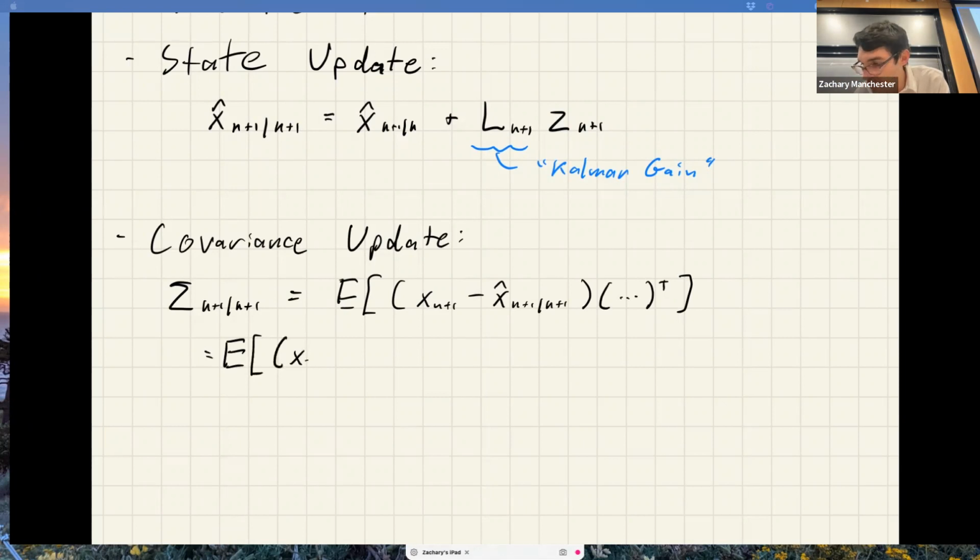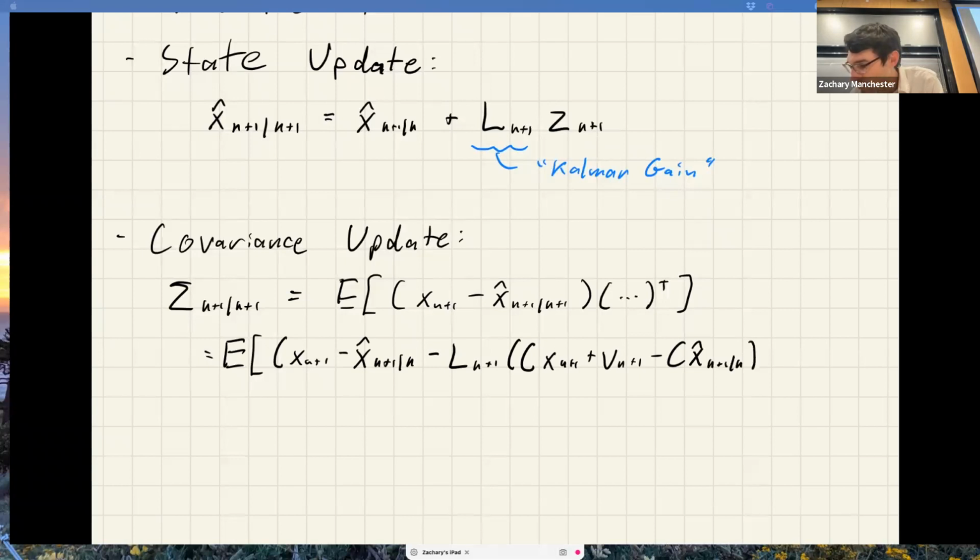Okay, so we got xk plus 1 minus, plugging in the update equation, xk plus 1 given k minus Kalman gain times the innovation. And I'm going to plug in the definition of the innovation. So there's kind of a lot in here. Okay, so I smush all this together, times itself.